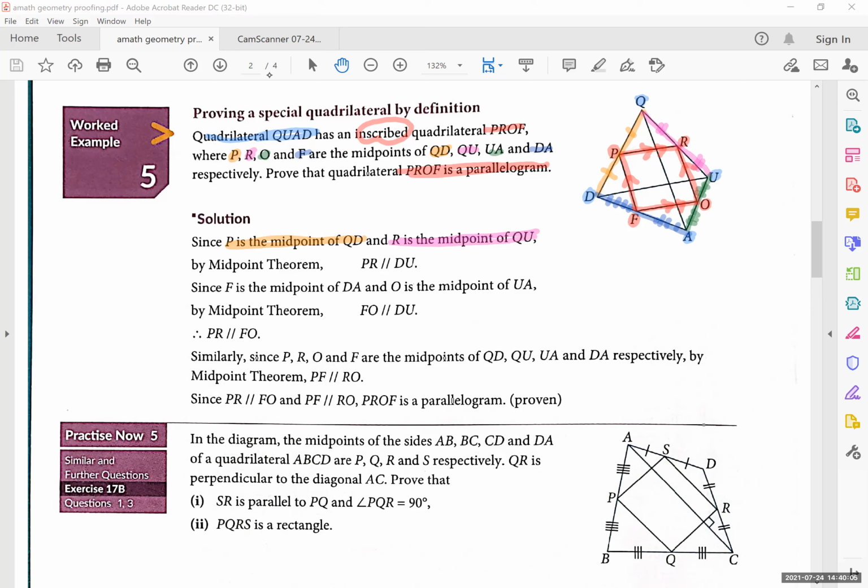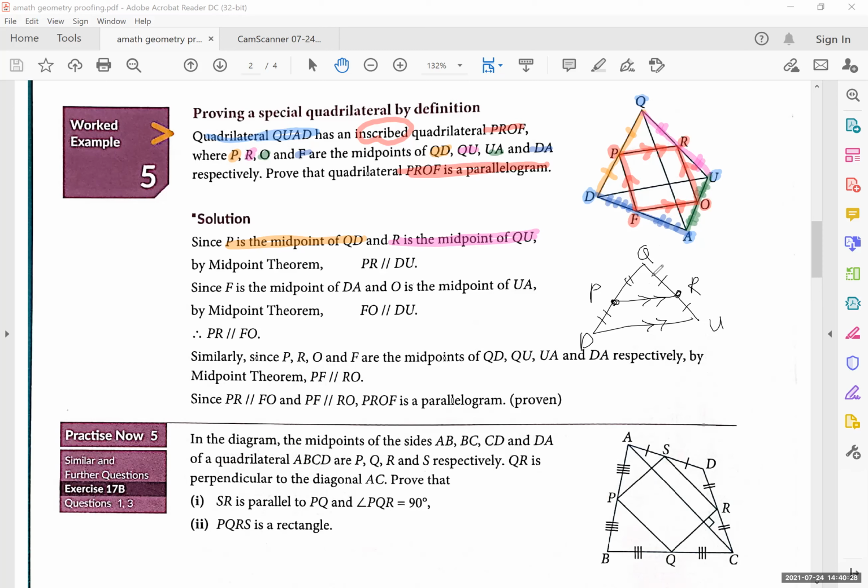So I'm going to draw out the triangle for you separately. We have Q, we have D, we have U, we have R, and we have P. So remember just now we learned if this is midpoint with this, and this is equal to this, therefore we know that this is parallel to this.